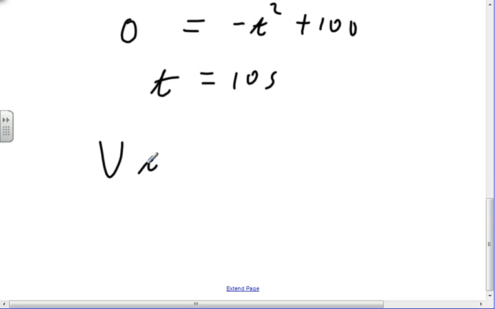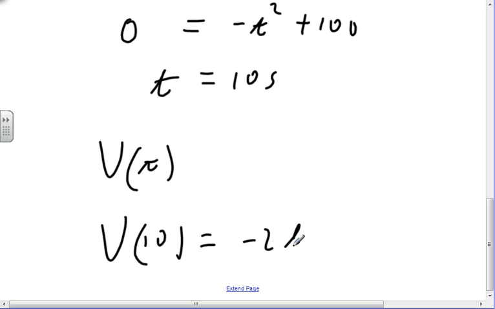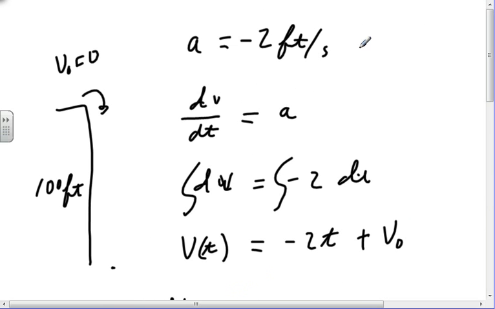My velocity at times t, at times 10, is going to be minus 2t, which would be minus 20 feet per second. So when I hit the ground, I'm going to hit the ground at minus 20 feet per second. And now it doesn't matter. I can do it again, and I can say, well, acceleration, instead of being minus 2 feet per second, is minus 1/2 the square root of t plus 1.